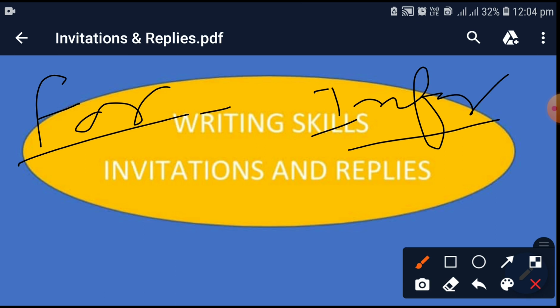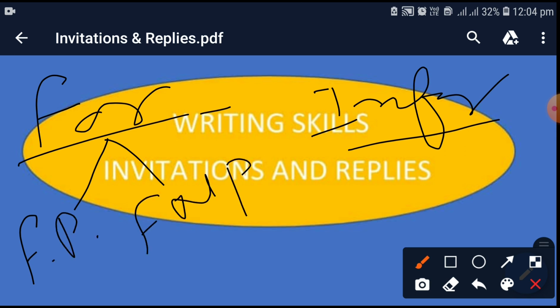Now I am going to tell you about the parts of formal invitations. You know very well that formal invitations we can divide into two parts: formal printed and formal not printed.